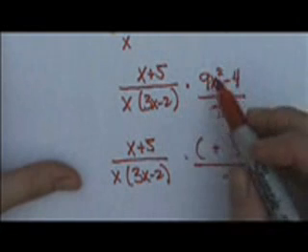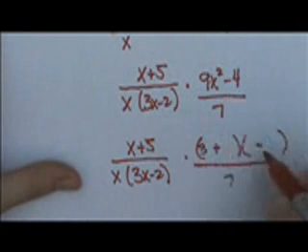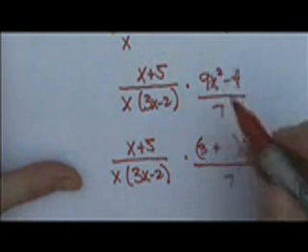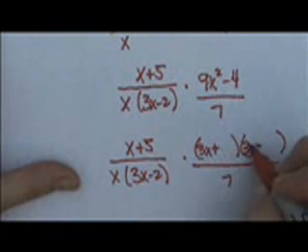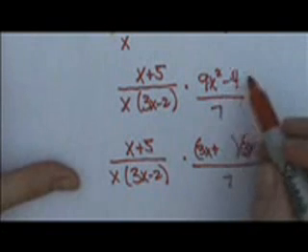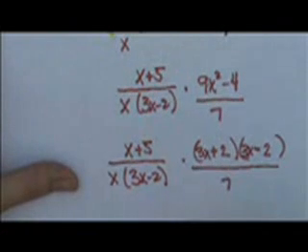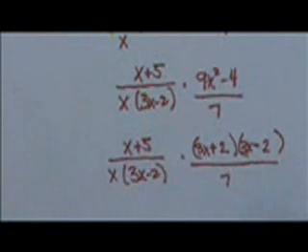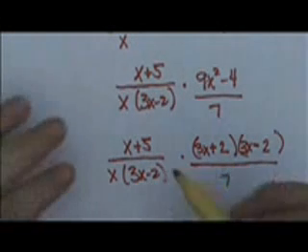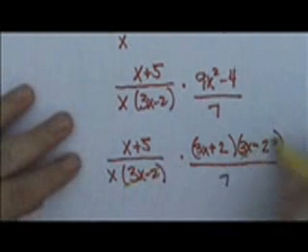Take the square root of the first term. The square root of 9 is 3. Square root of x squared is x. Take the square root of the last term. Square root of 4 is 2. So we have 3x plus 2 times 3x minus 2. Huh. We have something else that will cancel now.